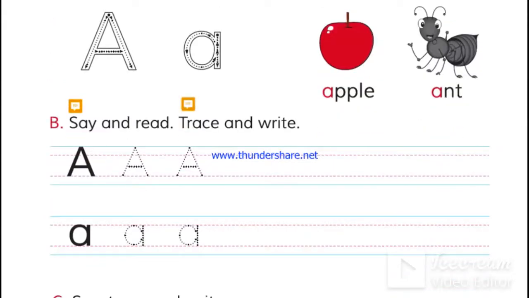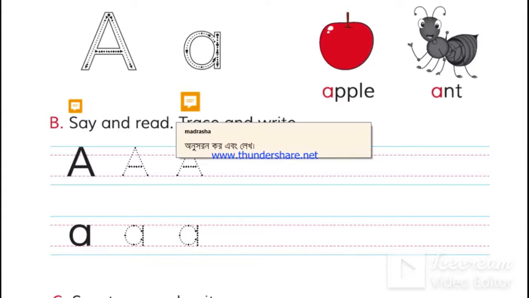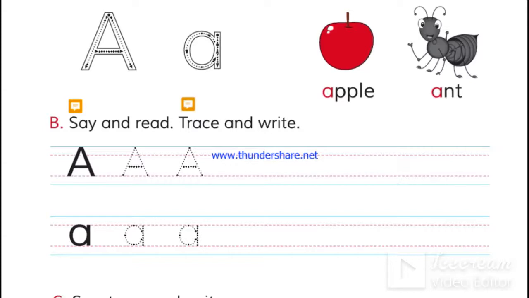And the next, number B, say and read. বলো এবং পড়ো. Trace and write. অনুসরণ করো এবং লেখো. There is a capital letter. You trace and keep practice at home.